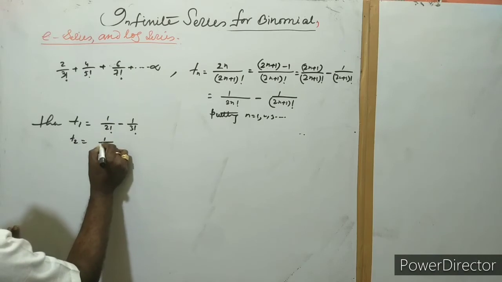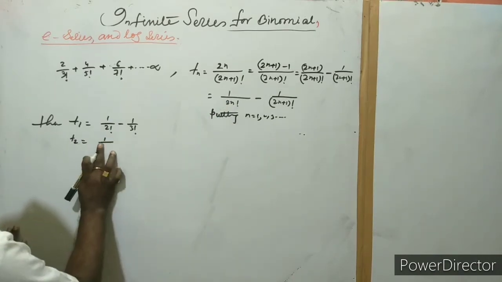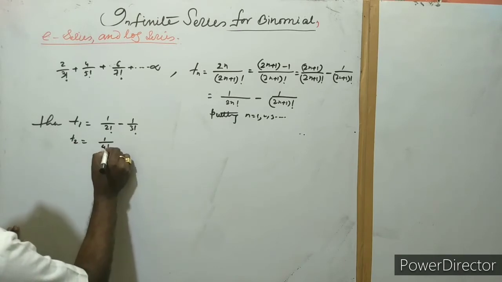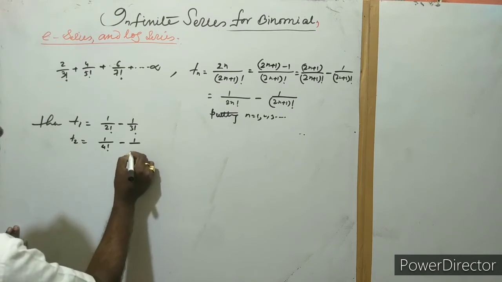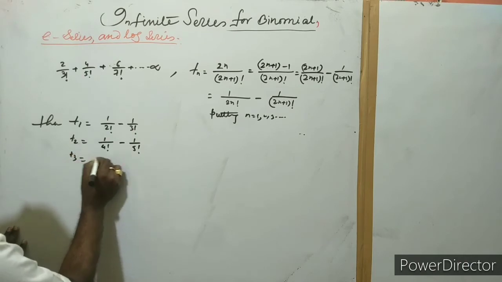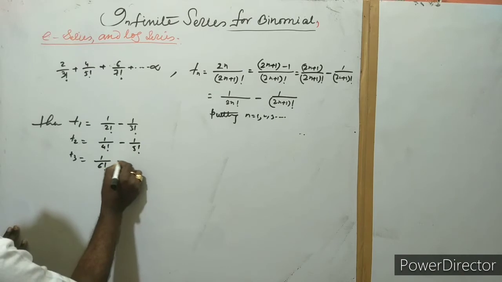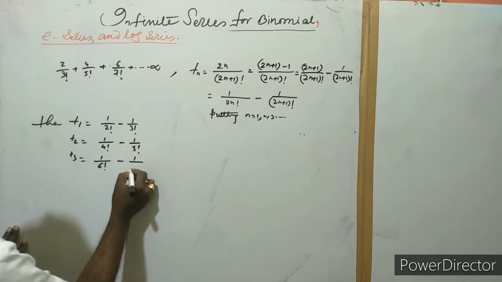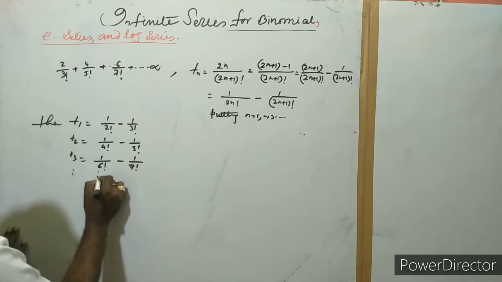We get here 1 by factorial 4, then 5. Okay, T3. Then we get there 6, and this is here 7. Okay, so proceed this way.